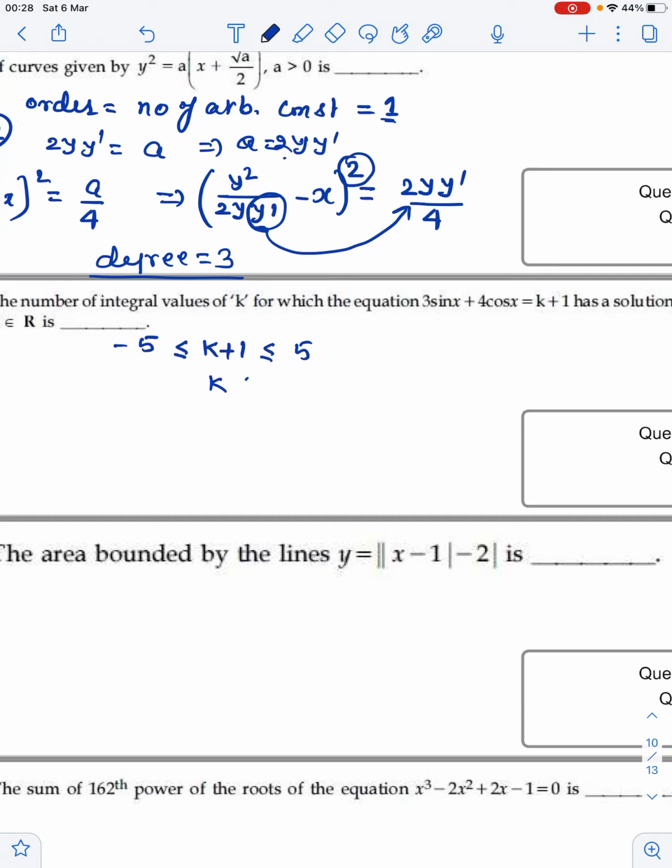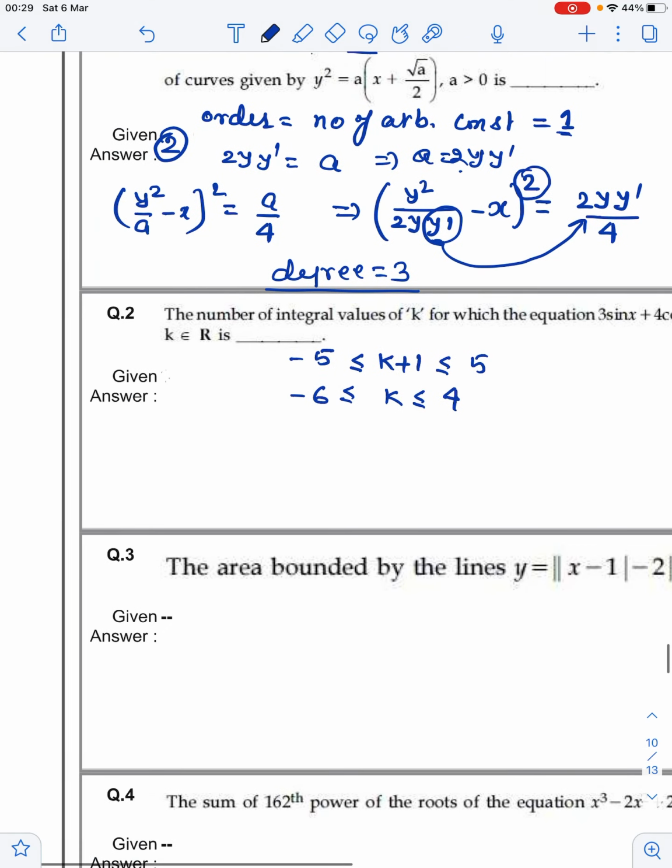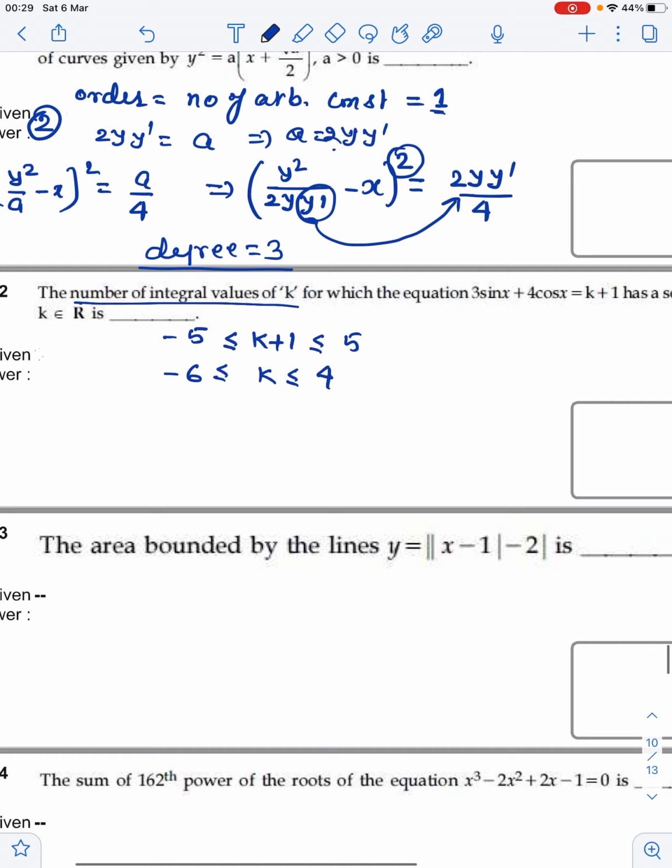So from here you can easily say k lies between minus 6 and 4, and they are asking the number of integral values of k. So you can easily count how many integers are possible from minus 6 to 4. 11 integers are possible. So the option is 11.